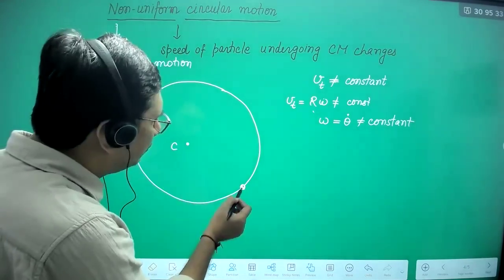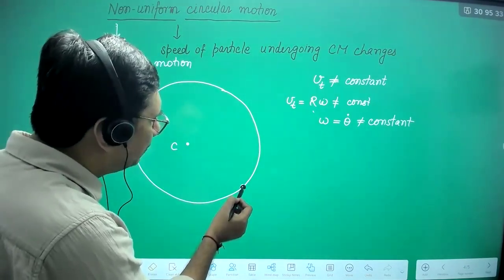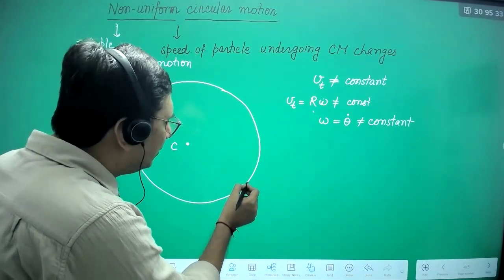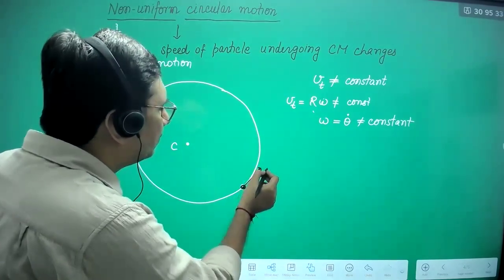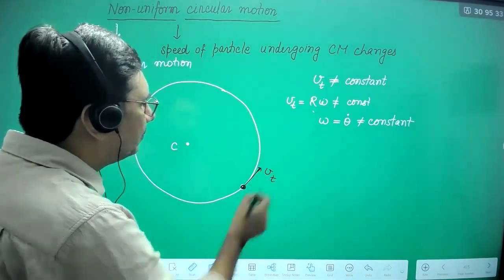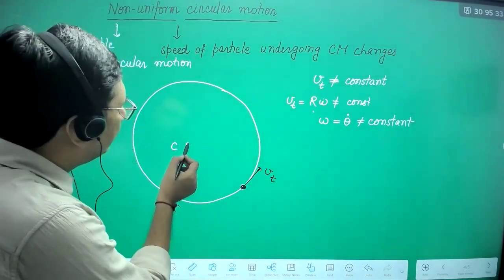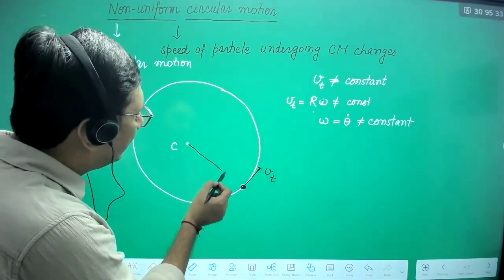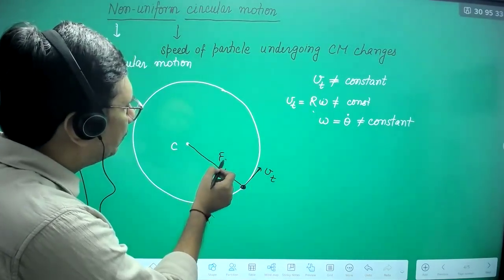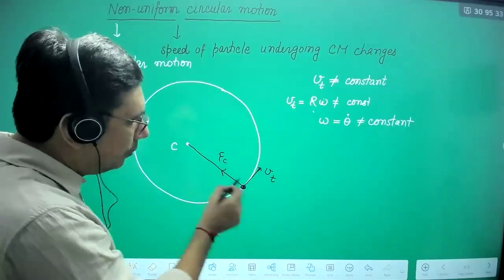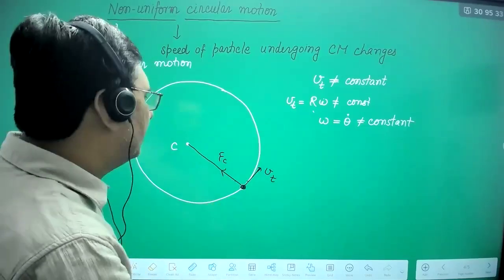So look here. Suppose this is the particle at this position. Its velocity will be here. This is the tangential velocity Vt. Here is the direction of the centripetal force. So this and this are perpendicular.